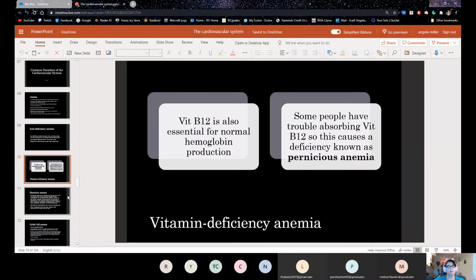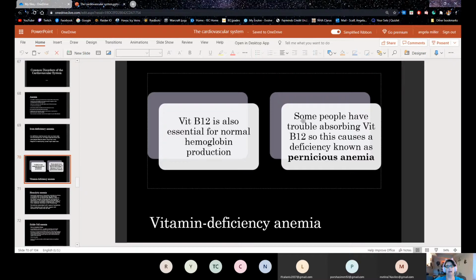Now, what a lot of people don't understand is that B12 is essential when we're thinking about hemoglobin production. That's getting way more advanced than what we need to worry about, but just know that there's a type of anemia that goes along with it. This is the one I have.